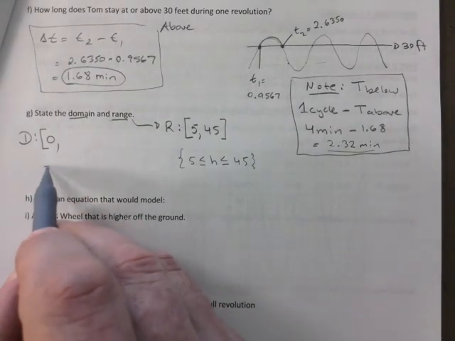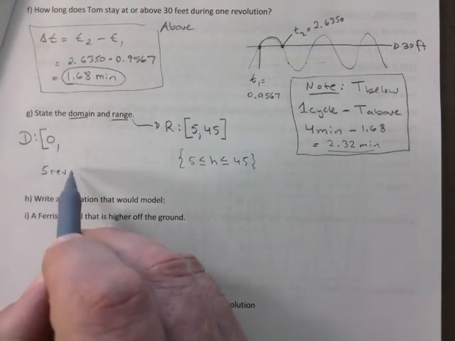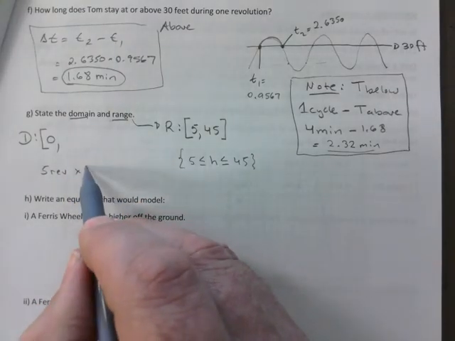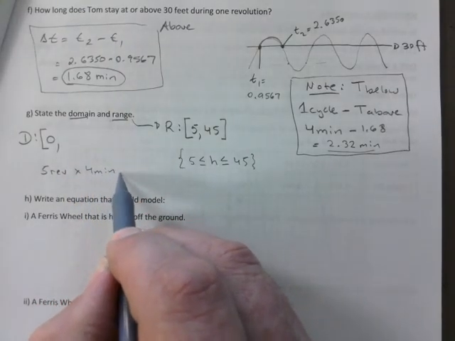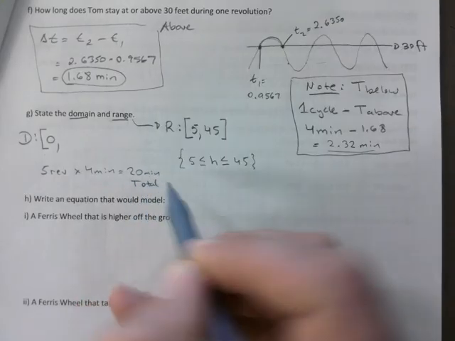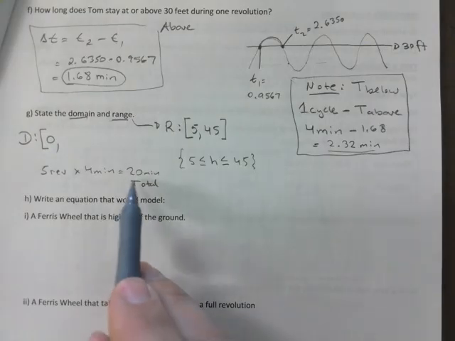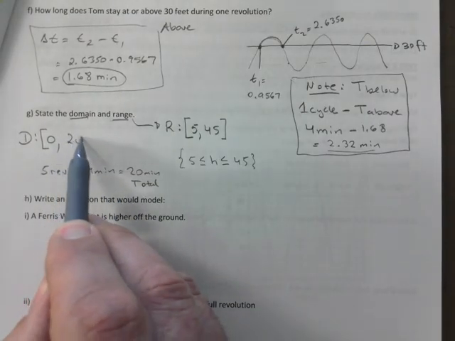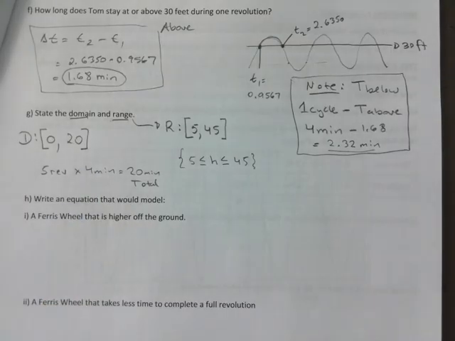So 5 revs times 4 minutes. So that's 20 minutes total. So that is what you put in here. In this case, it's finite, it stops. In 20 minutes, we're done. You get off the ride, you get to pay again. Okay? That's kind of what's happening here.